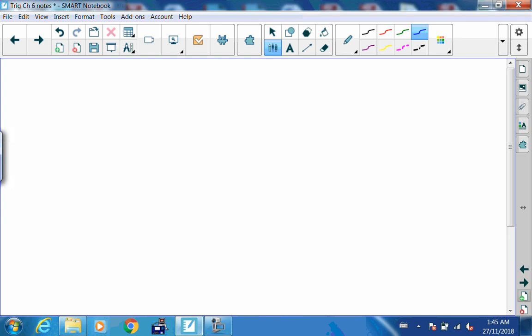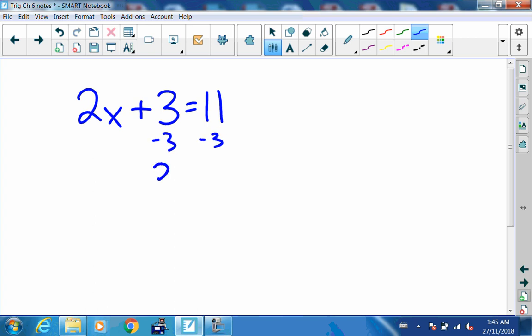So, for example, if we have an equation like 2x plus 3 equals 11, I could solve this equation by subtracting 3 from both sides and arriving at the fact that x equals 4. Now, because x is a variable, x could literally be anything we want it to be.